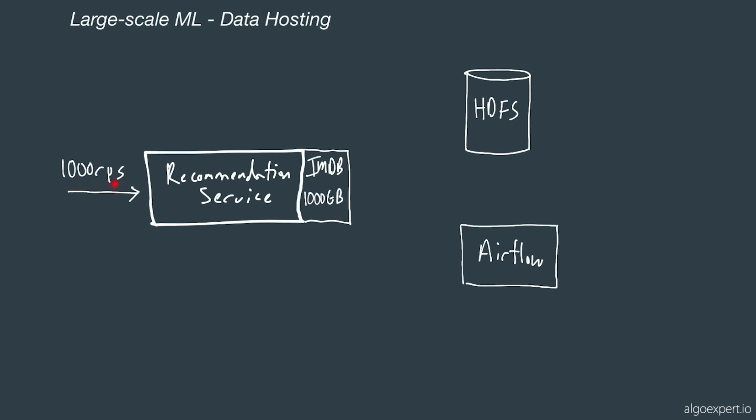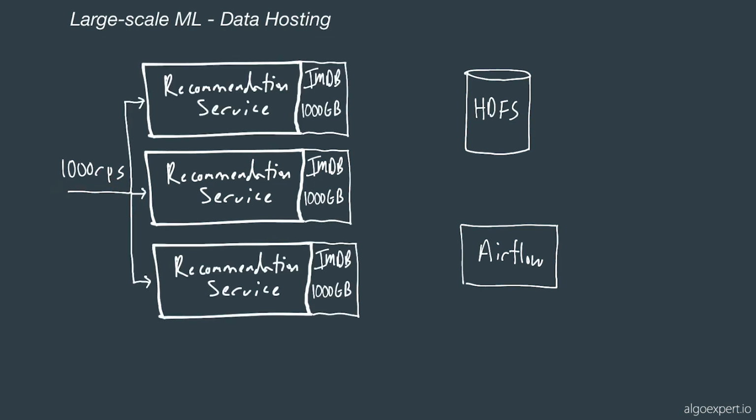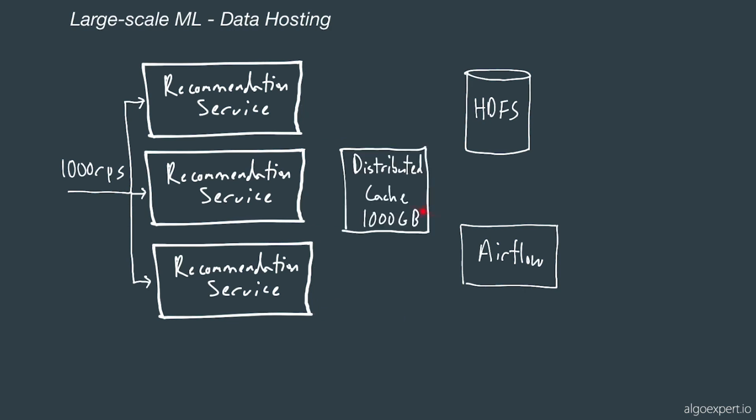So in order to handle the 1,000 requests per second, we could horizontally scale like this, and so every machine would get 1/3 of the traffic. But we're still stuck with this problem here, where every machine would have to load 1 terabyte of data into it every 24 hours. One way that we can solve this problem is by using something called a distributed cache.